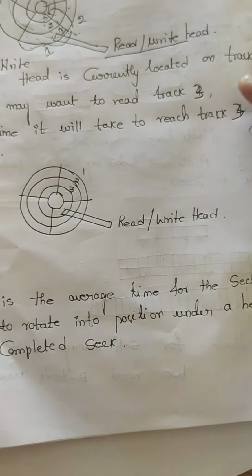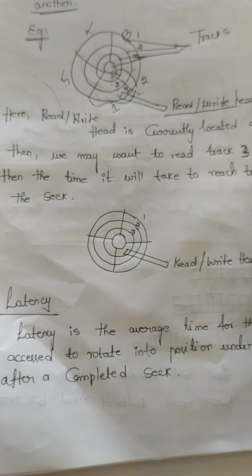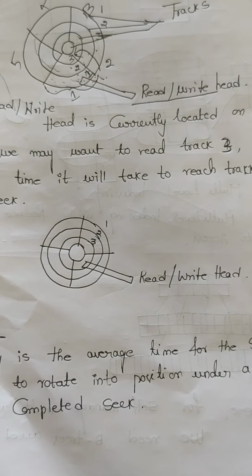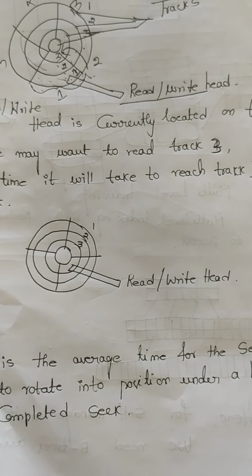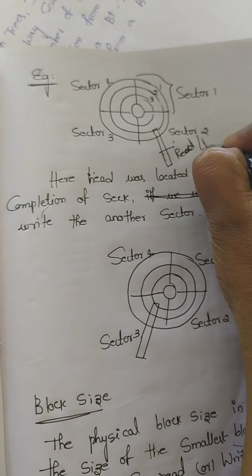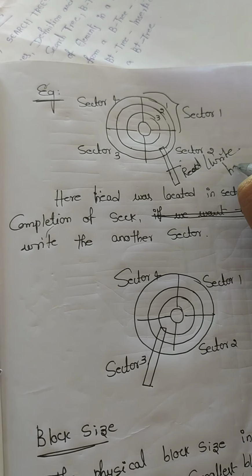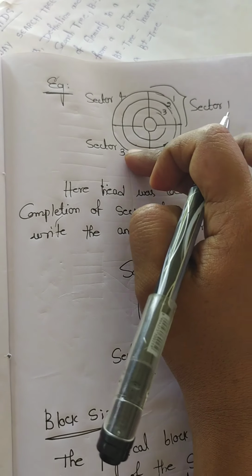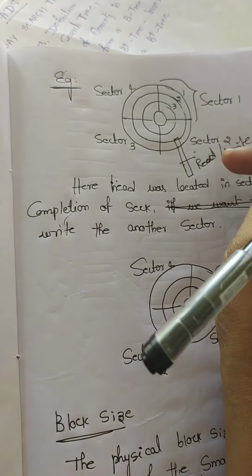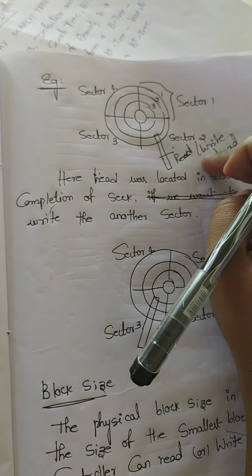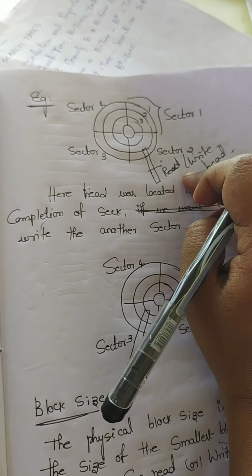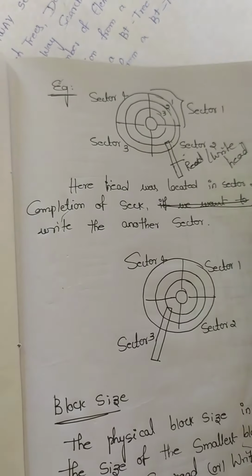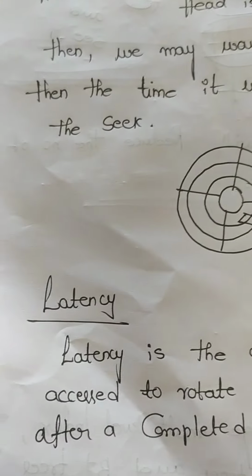Latency is the average time for the sector being accessed to rotate. That means changing from one sector to another sector, the read and write head takes some time, the sector rotation time, to access the disk, which is called latency.